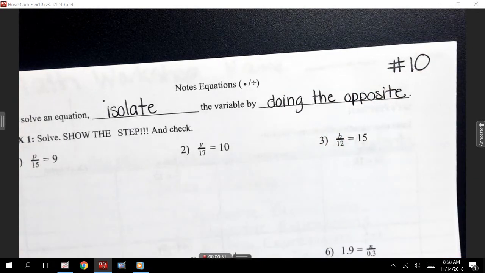That was the big thing we learned yesterday. If you're adding in the problem, to solve it, you're going to subtract. If you're subtracting in the problem, to solve it, you're going to add. We're always going to be doing the opposite.